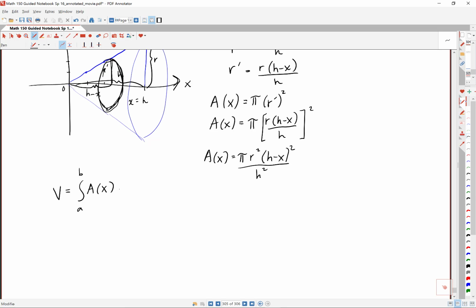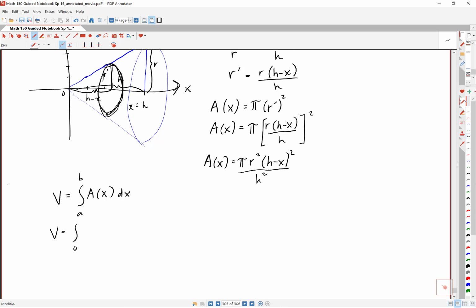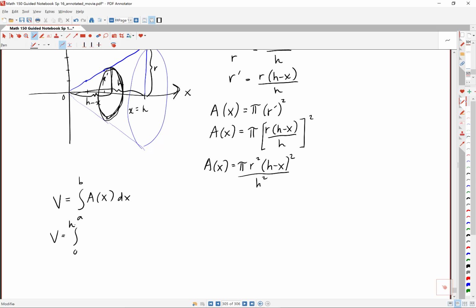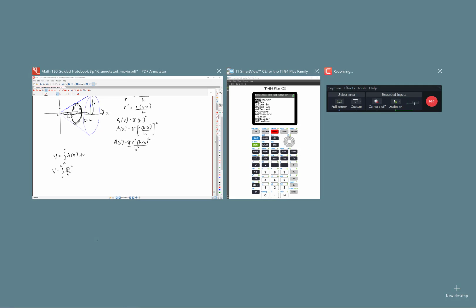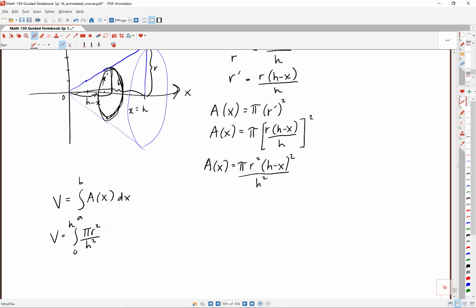So our volume is going to go from 0 to h, and A of x is pi r squared over h squared times, I'm going to expand that square, h squared minus 2xh plus x squared with respect to x.